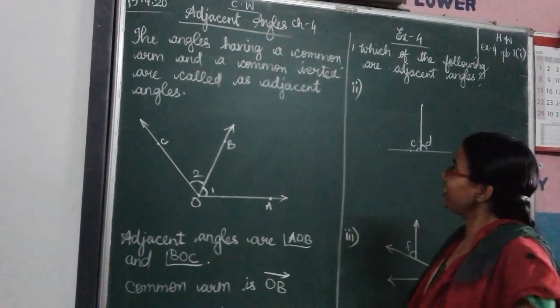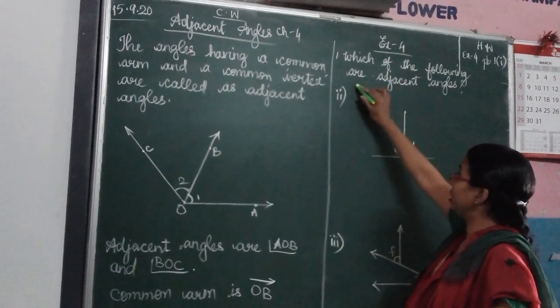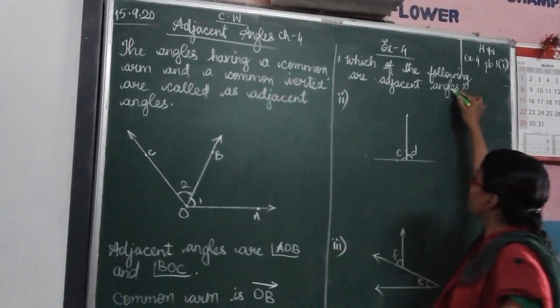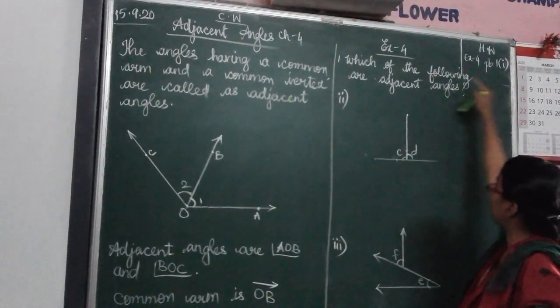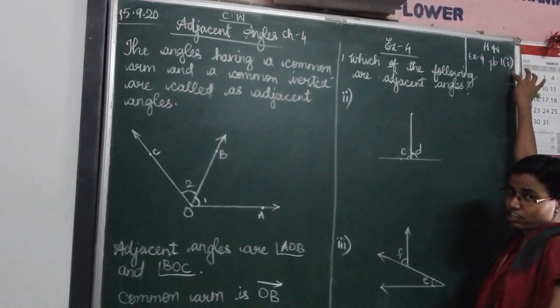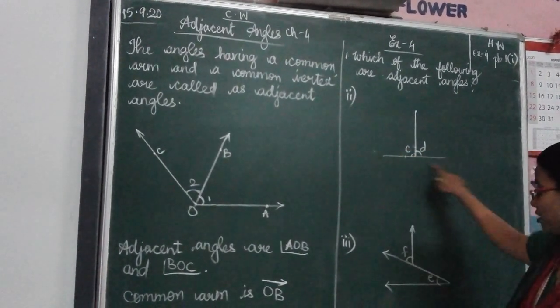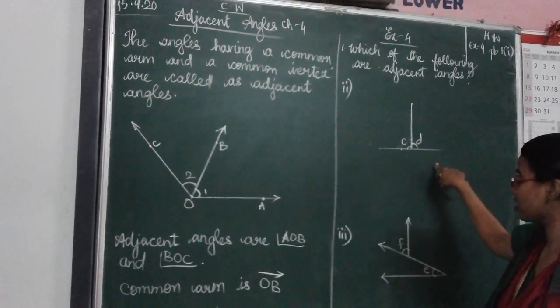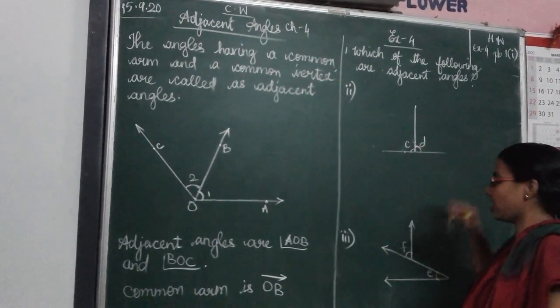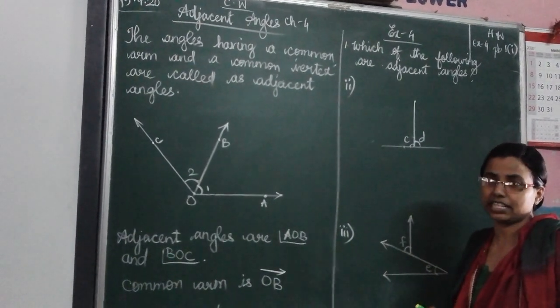Okay. Let us do the exercise 4 problems. Which of the following are adjacent angles? The first bit I have given you for homework. Let us do the second bit. The diagram is given like this. Angle C and angle D are given. Now let us check whether they form adjacent angles.